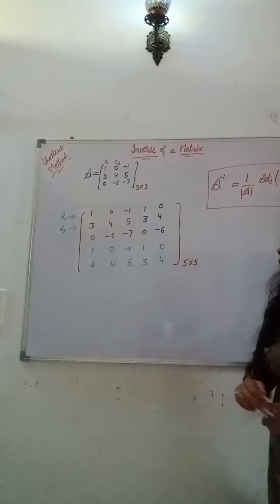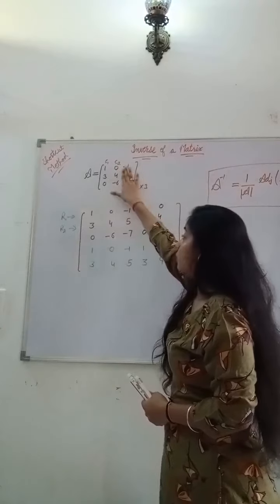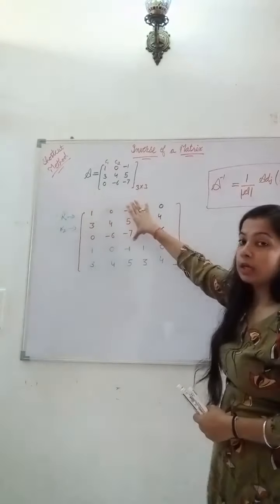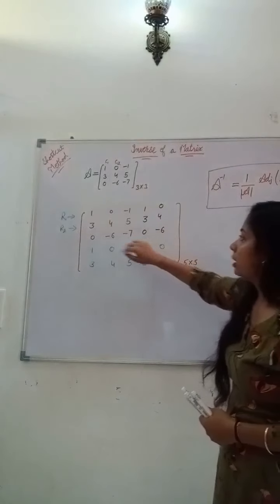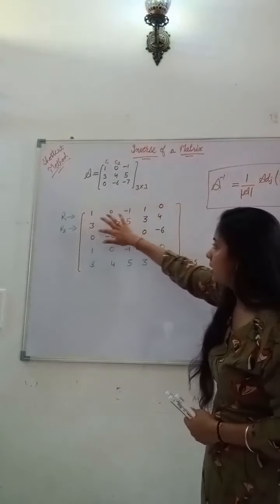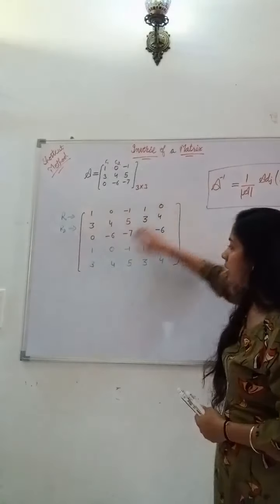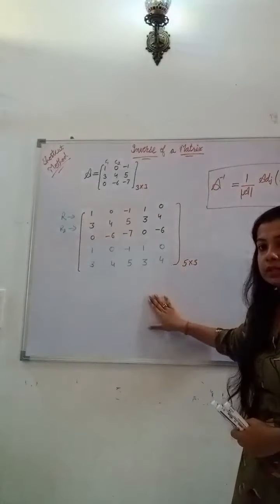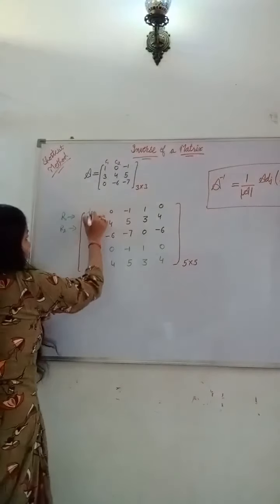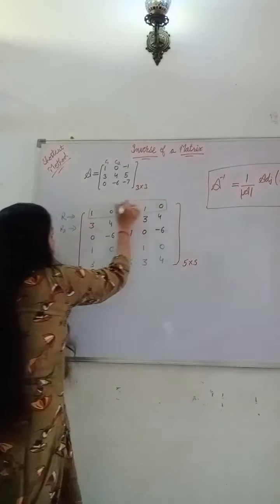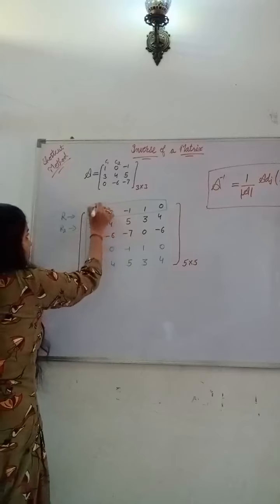Now I will repeat. First of all, you put all these 9 elements as it is here. Now put these two columns here again. Now here you can see that is the first row, that is the second row. Now we have to repeat these two rows here. That's it. Now the next step is we have to delete this row and this column.